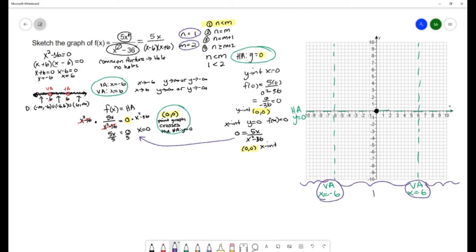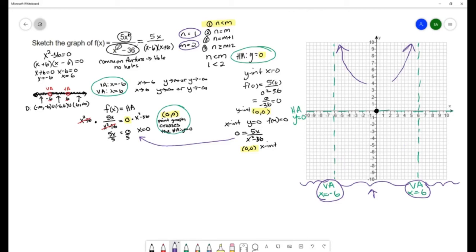I do have one point in this middle section, but that one point is not really enough for me to know how to draw the line. There are just too many choices. I'm not sure if I draw the line going to positive infinity or if I draw the line going to negative infinity. So I need some more information because there's too many choices.